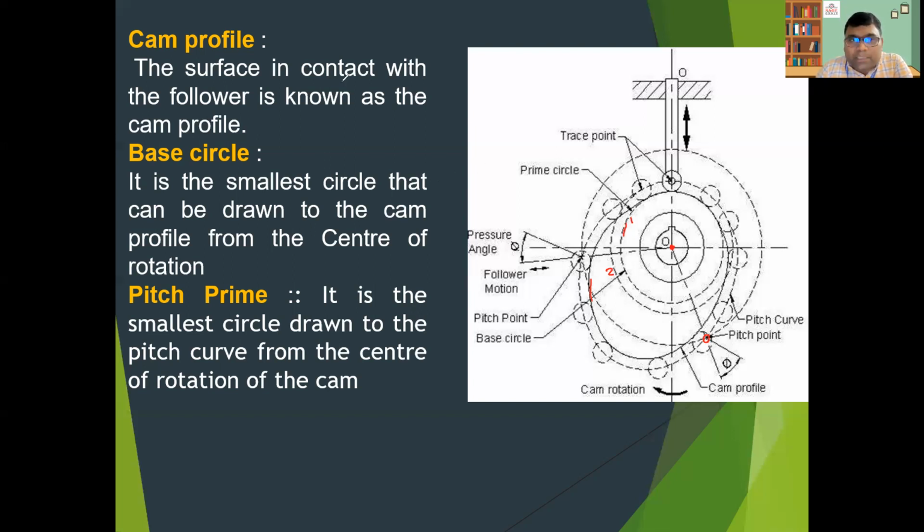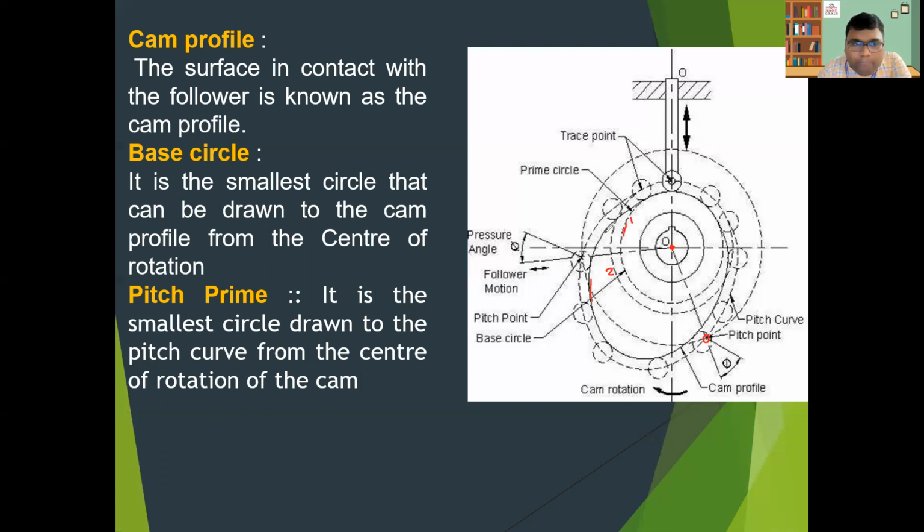Let's see the cam profile. The surface in contact with the follower is known as the cam profile. You can see this is the follower with its roller: there is a first roller position, then it reaches here, second position, third position. This roller is continuously in contact with a surface, and that is called the cam profile.